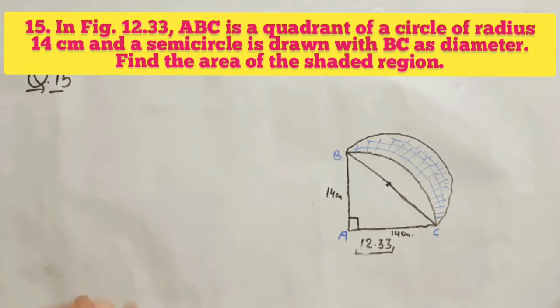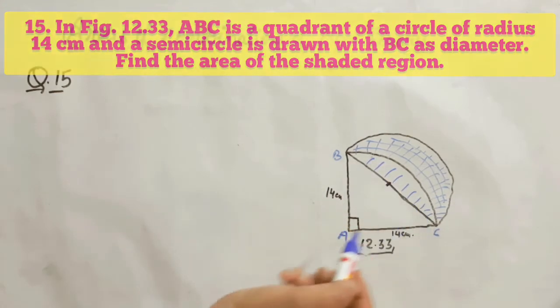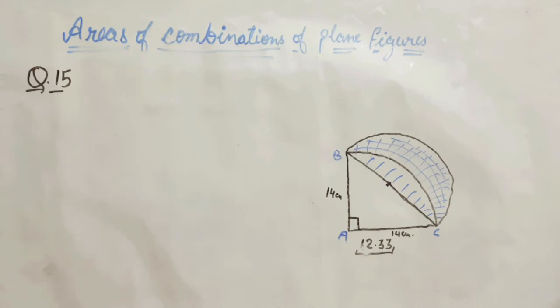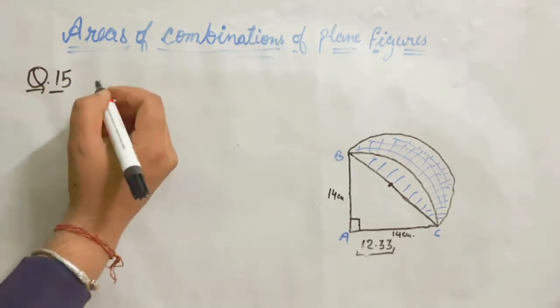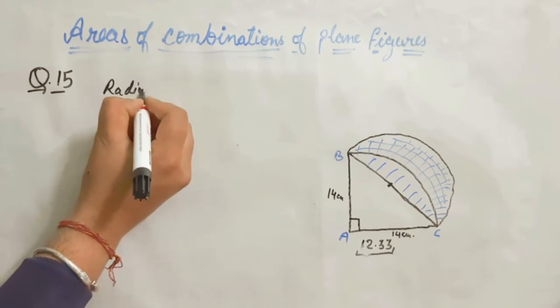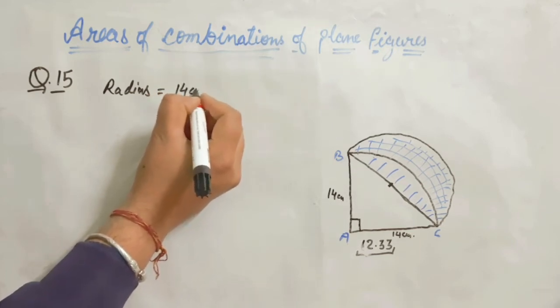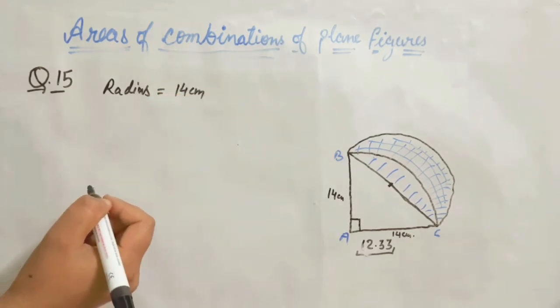So first of all, we have to find out the area of segment BC, means the area of this part. To find out the area of segment BC, we have to see the radius first of all. So radius of circle is given equal to 14 centimeter, radius of quadrant.